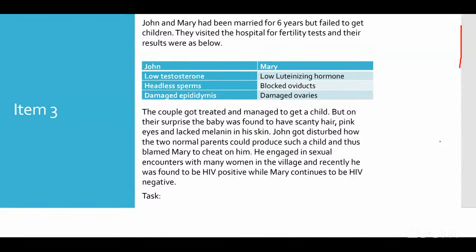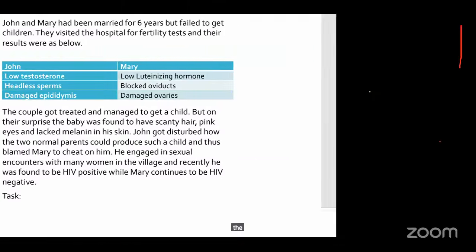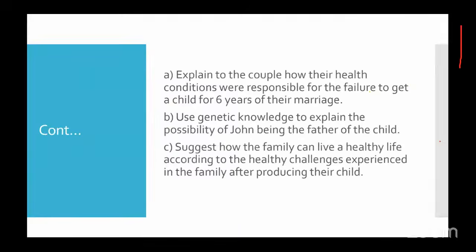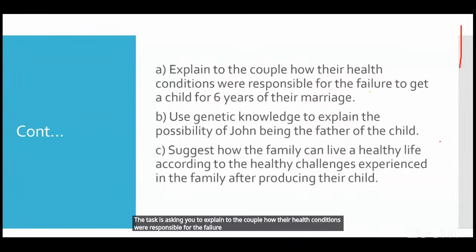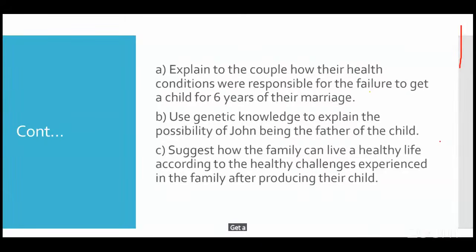Yes, sir. Could you please take me back to the task? The task is asking you to explain to the couple how their health conditions were responsible for the failure to get a child for 6 years of their marriage.